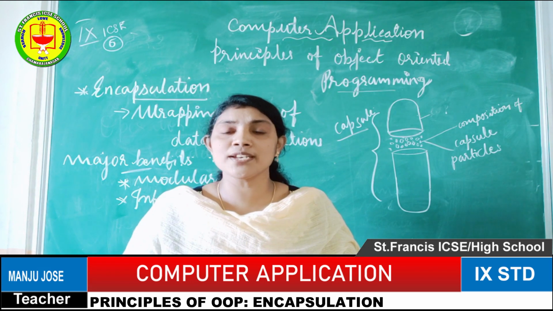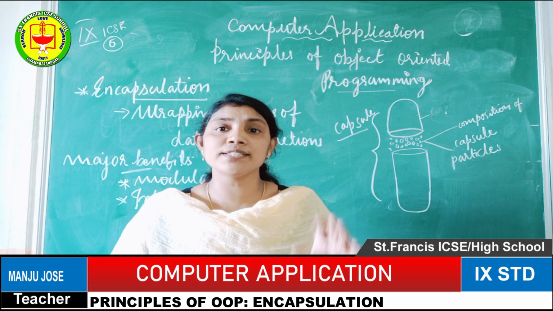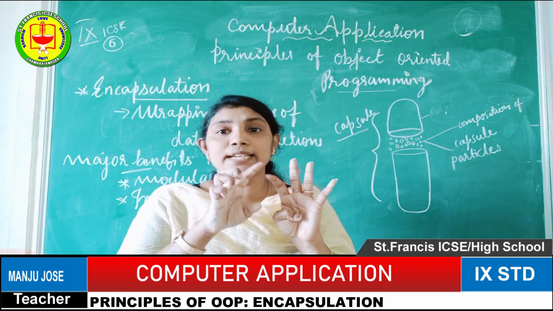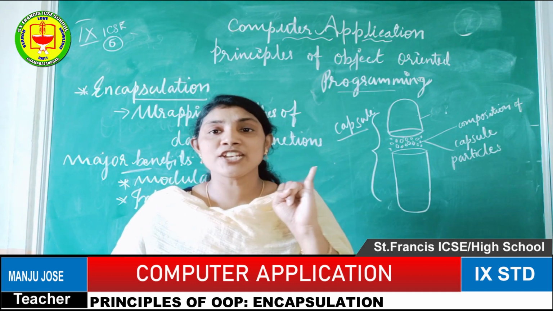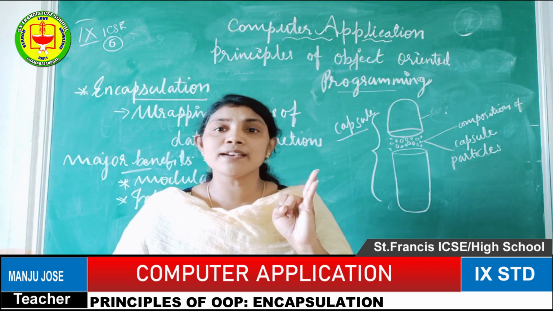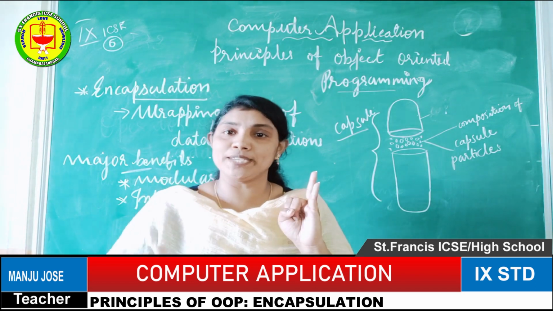So encapsulation. Again, let us go for the revision. In object oriented programming language there are four principles: abstraction, inheritance, polymorphism, encapsulation. Abstraction means hiding the data. Inheritance shows the relationship between different objects.